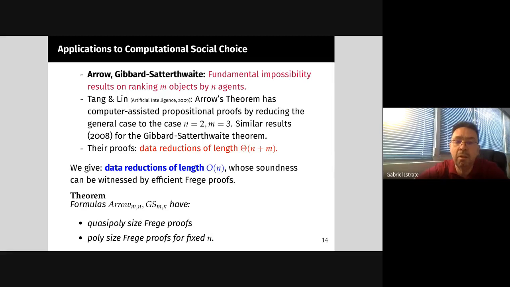So to conclude, our framework shows that such formulas have quasi-polynomial-sized Frege proofs, and polynomial-sized Frege proofs whenever the number of agents is fixed. We don't know at this point how to remove this dependency on the number of agents, and it's an interesting open problem.